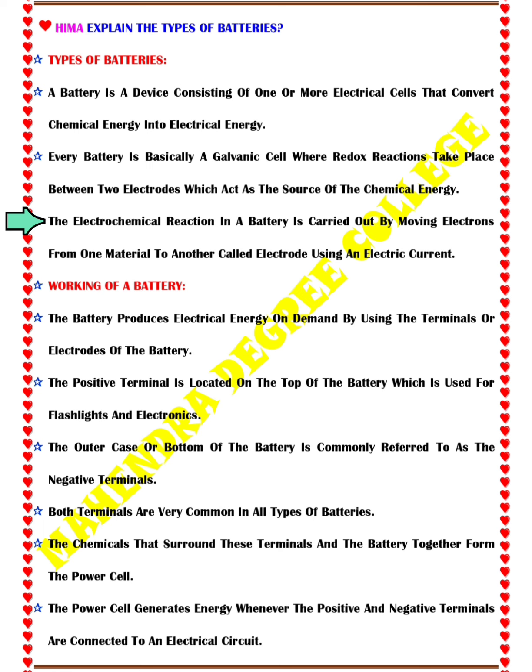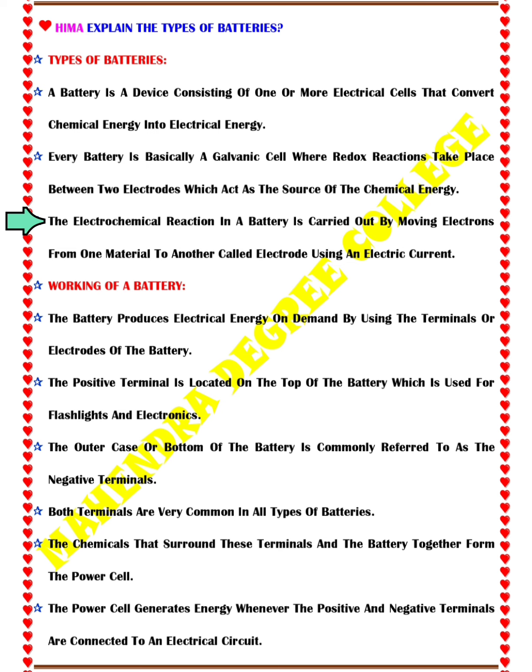The movement of electrons forms the electric current. This electric current flows through a wire or circuit to power devices like phones, remotes, and lights.